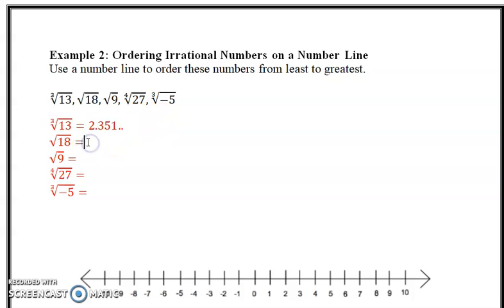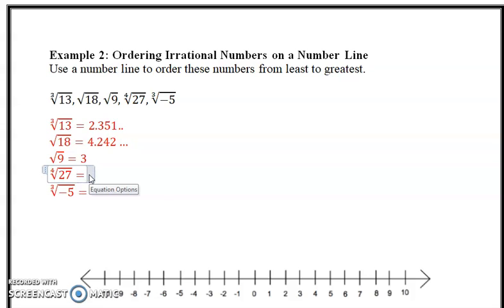The square root of 18: we know the square root of 16 is 4, so the square root of 18 is going to be 4 and a bit, and it's 4.242. That just means it's non-terminating, non-repeating. The square root of 9 is equal to exactly 3.